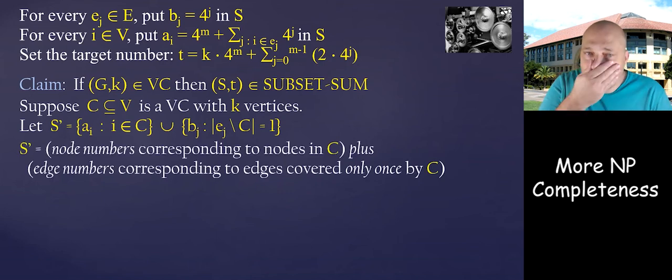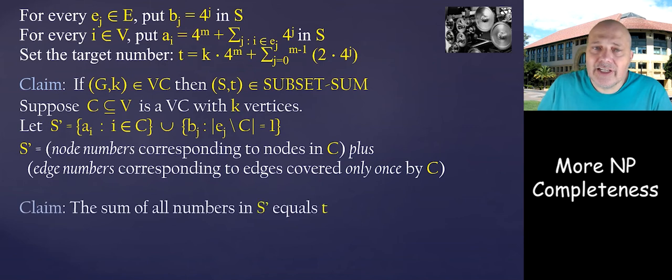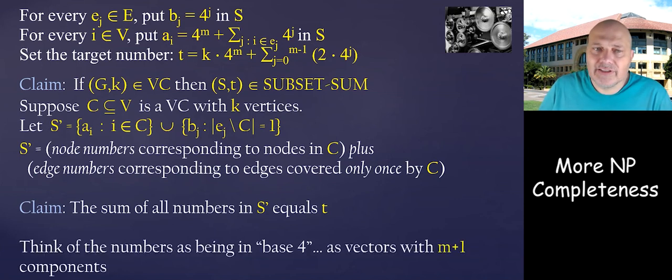S prime is the node numbers corresponding to nodes in C plus the edge numbers corresponding to edges covered only once by C. Claim: the sum of all numbers in S prime equals T, and we saw it by an example. You can convince yourself.